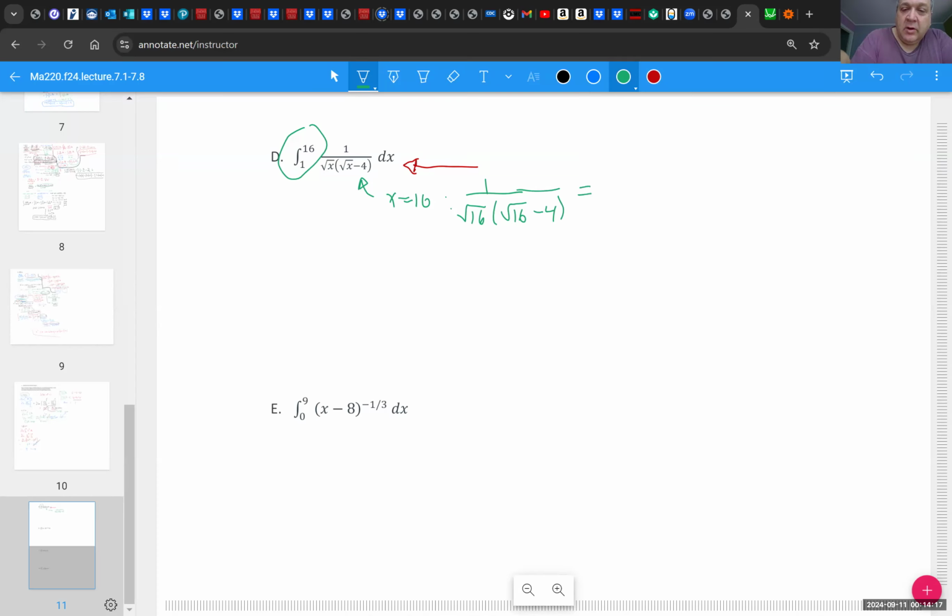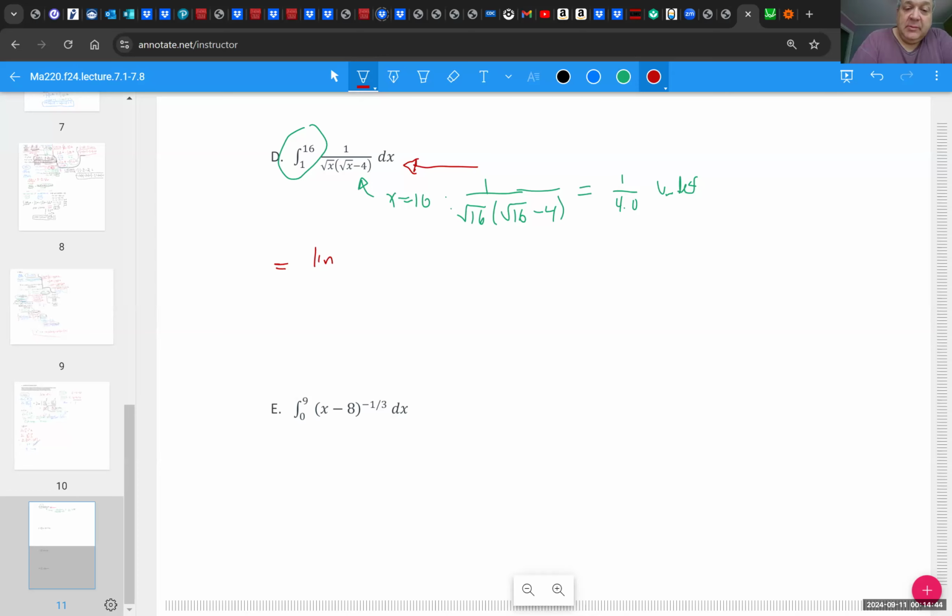So you would get 1 over 4 times 0, which is undefined. So in this particular case, 16 makes the integral undefined, even though it may not look like it if you're just rushing through it. If you stop for a minute and think about the interval and the function, you will soon realize that 16 cannot be evaluated, and so this is an improper integral.